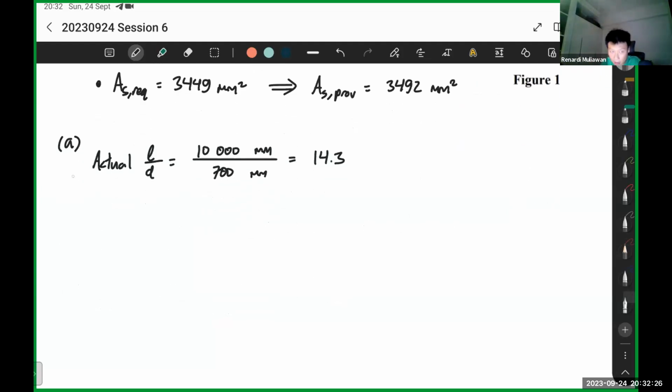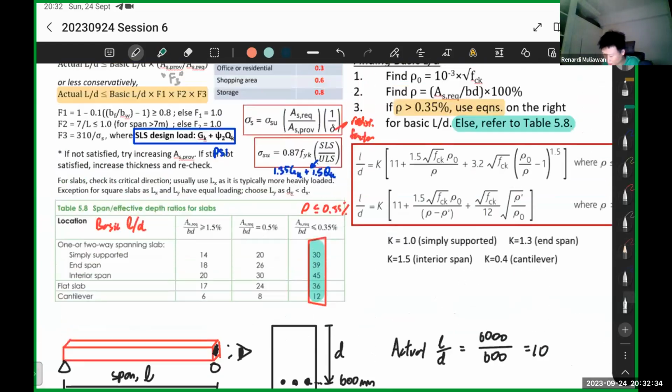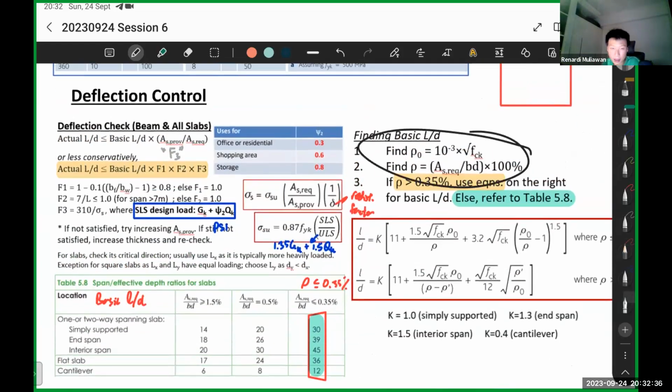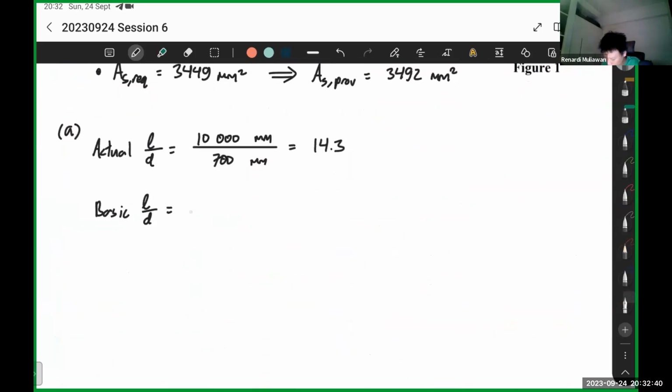Now let's find our basic L over d. If you refer to the formulas again, we start by finding rho 0 and rho. Let's start with rho 0 first. Step 1, find rho 0. The formula just now is 10 to the negative 3 times square root of fck.